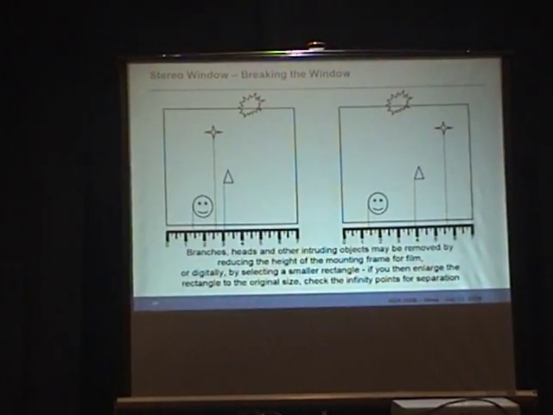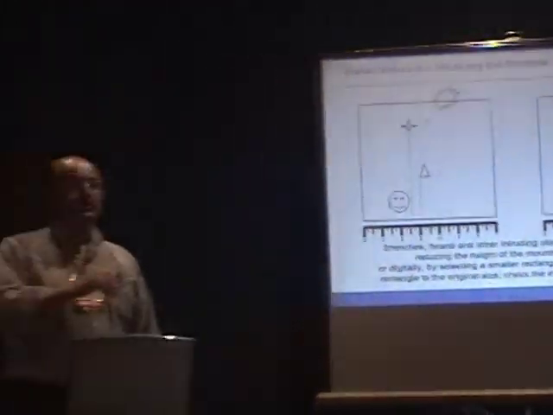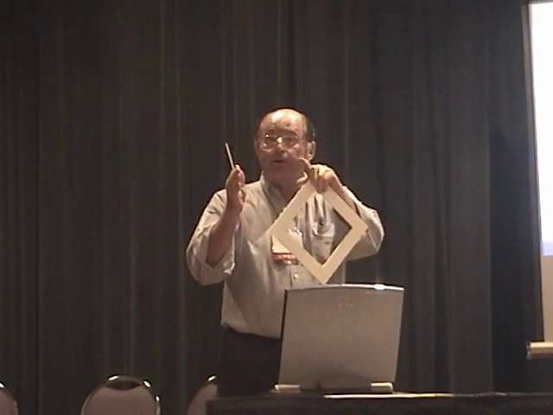Anytime you go into a digital world and get a subset of something that's a lot smaller, and then you blow it up to the right size, you better be darn careful if you have infinity in it. If you don't have infinity in it, it's not such a problem because it may look a little different, because you may think it's enlarged or giantized or miniaturized, but your eyes won't have to necessarily diverge on it.